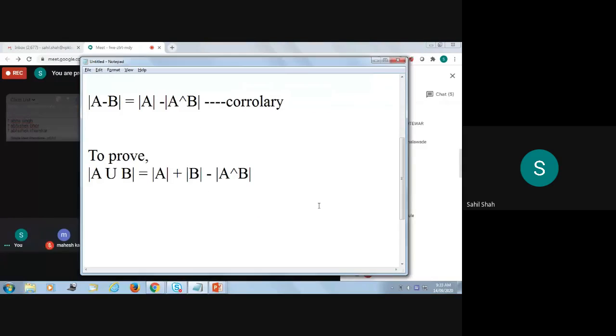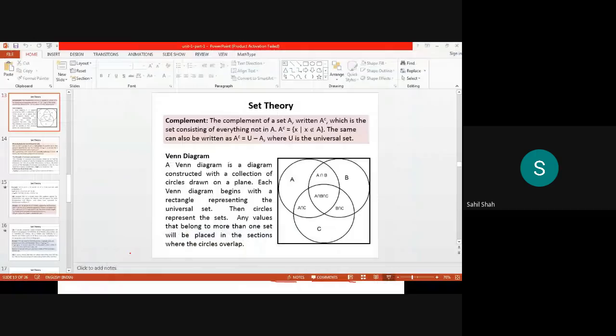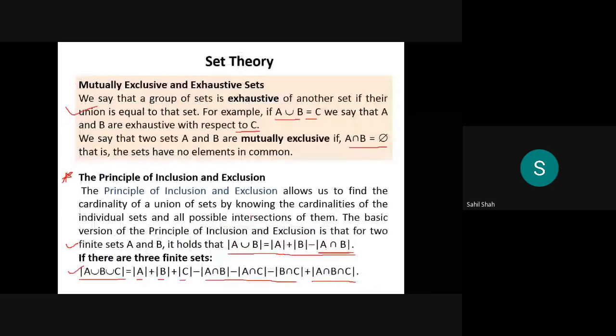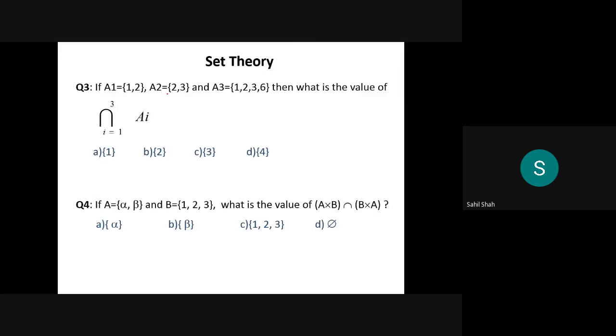Let me go back to the PPT and show you something so that things will be more clear. Where is my PPT? This one. So where is this blank space? Just observe whatever I am drawing. Do not observe the examples; we have discussed examples earlier.